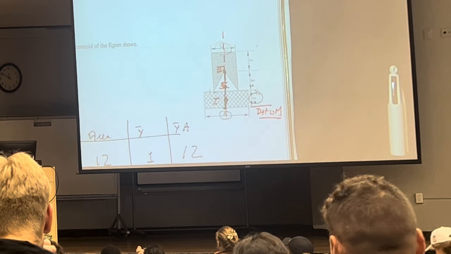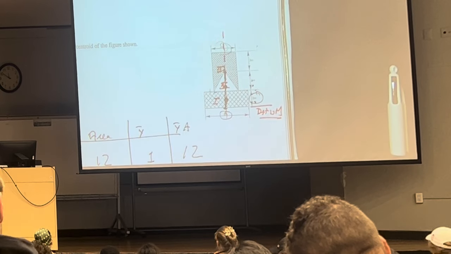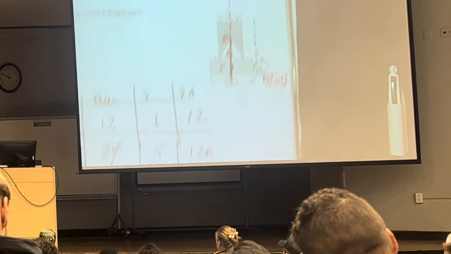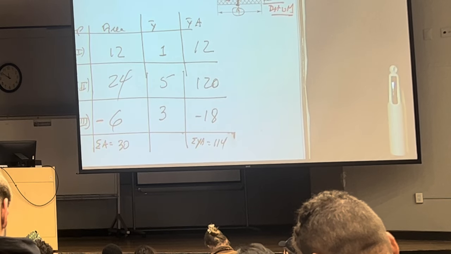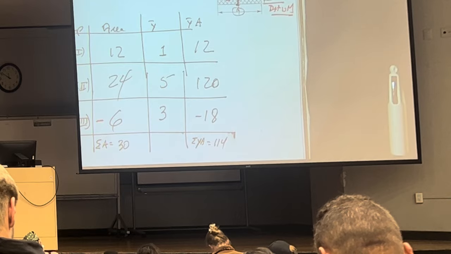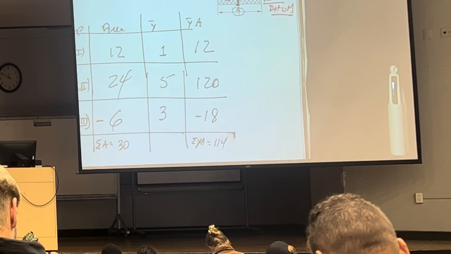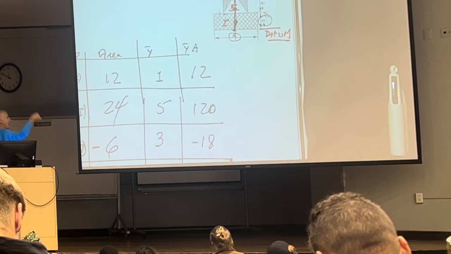All right, 6 times 3 minus 18, sum this. 114. Well, 114 divided by 30 gives me 3.8 meters from the base. Is it 3.8 from the top down?